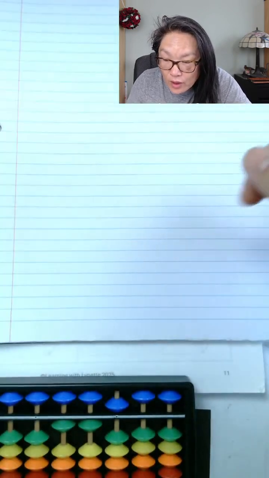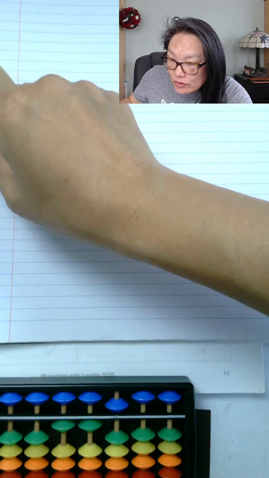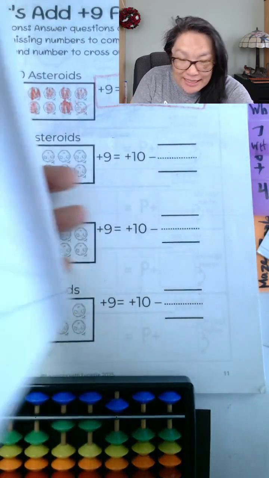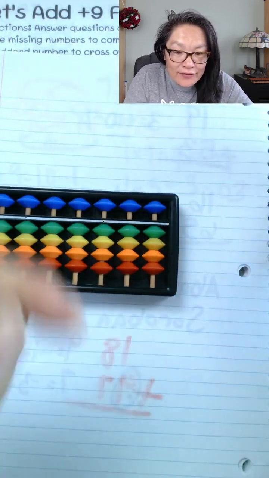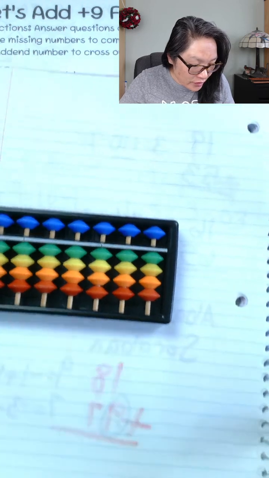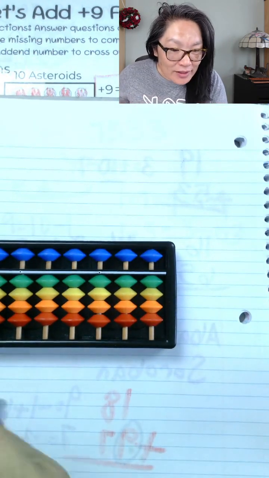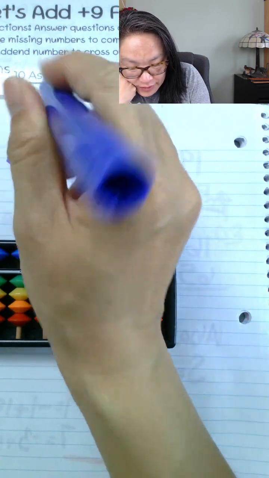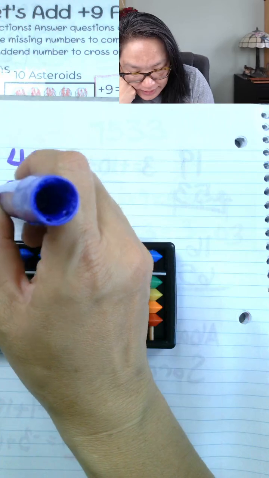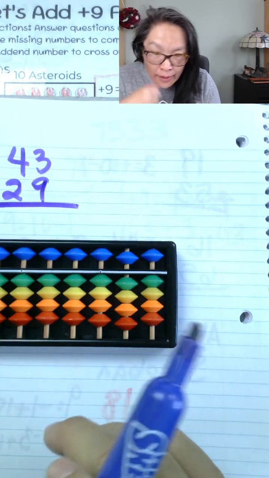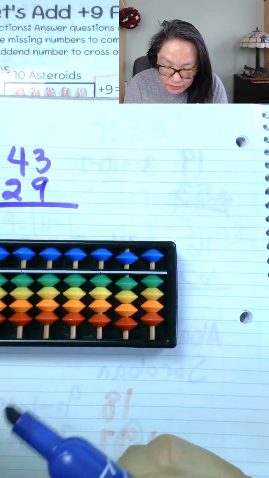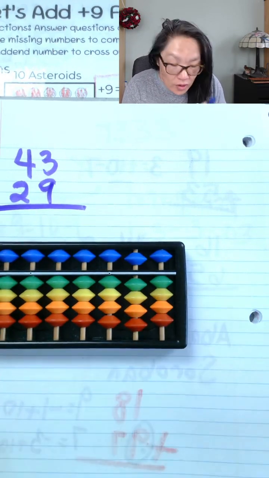We have one more, and then I'm going to end the live because I got to get ready for class. All right, we'll do one more. If anybody else has any other questions, let me know. Okay, so we have 43 plus 29.